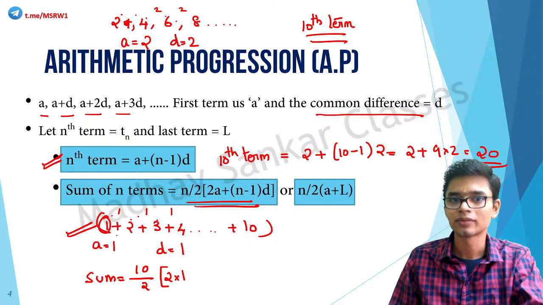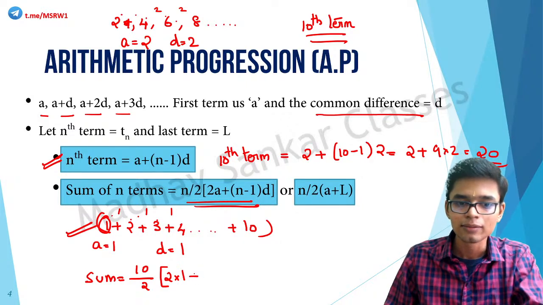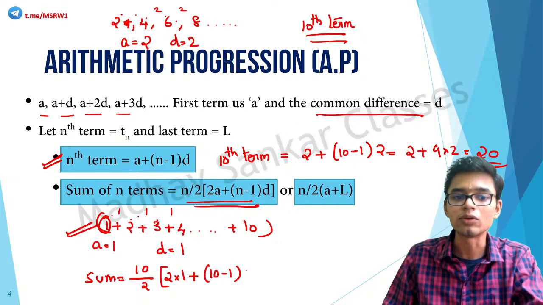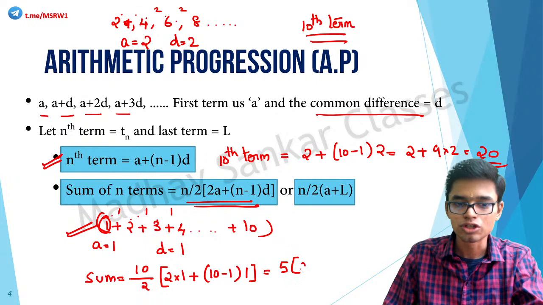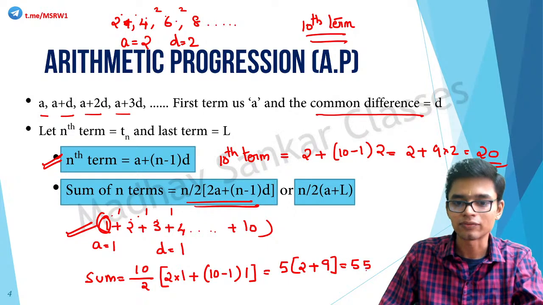Then n minus 1 into d. What is d, the common difference? In this series, it is again 1. So the answer is 10 by 2, which is 5, into 2 plus 9, equal to 55.